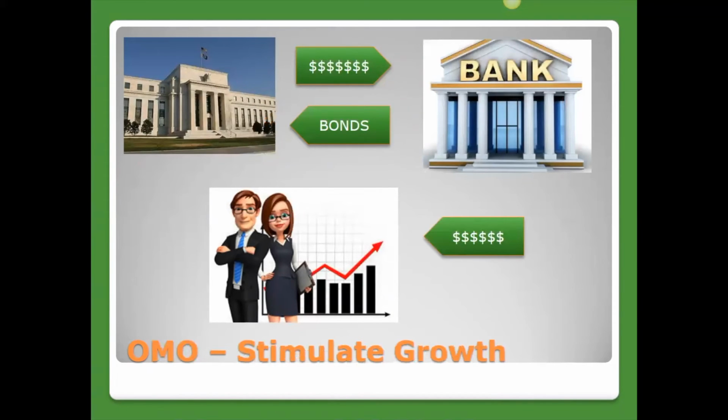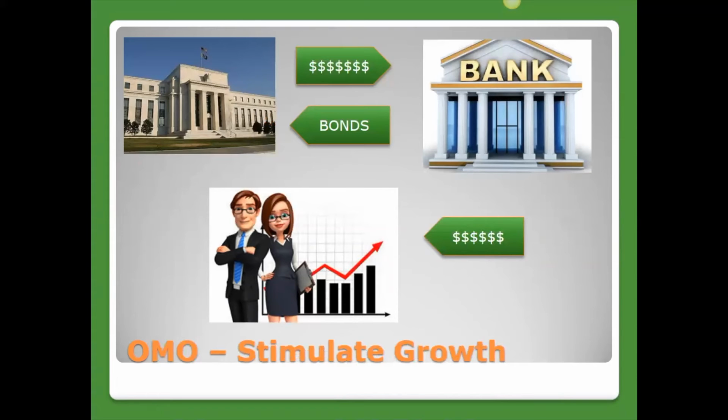So this is how it works. The Federal Reserve Bank will buy bonds and mortgage-backed securities from commercial banks, and when they buy that, they give money to the banks, right? When you purchase something, you give the money. So once the banks have money, they have more money to lend to people, and as a result, businesses can get loans at a cheaper rate, and they can then reinvest.